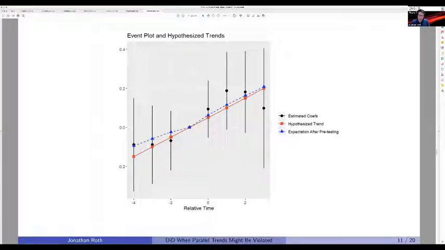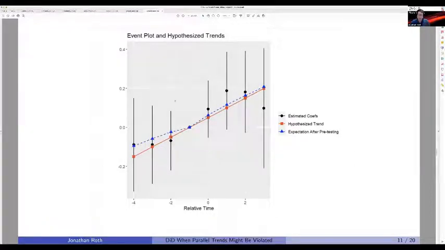And in blue here, what I have is a plot of, if the truth was this red line, on average, if we didn't find a significant pre-trend in the data, what would the coefficients look like? And that's what I have in the blue triangles here. So you can see that if I condition on not having a significant pre-trend, the pre-treatment coefficients tend to be smaller, and the post-treatment coefficients tend to be larger.